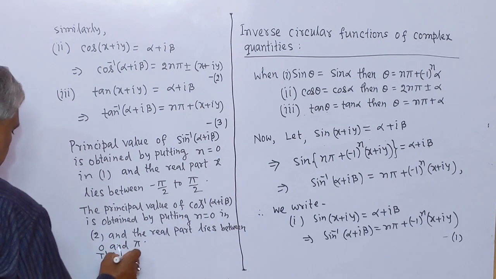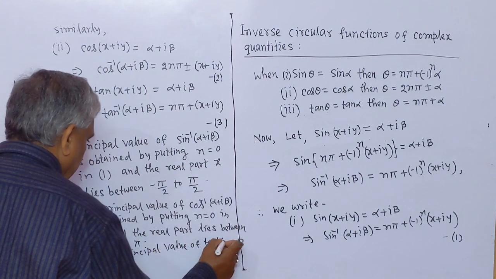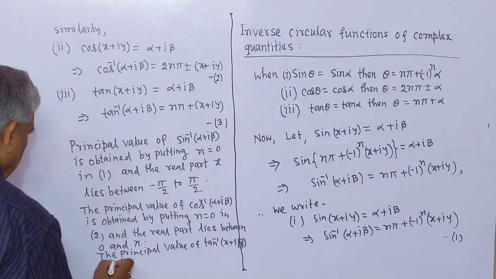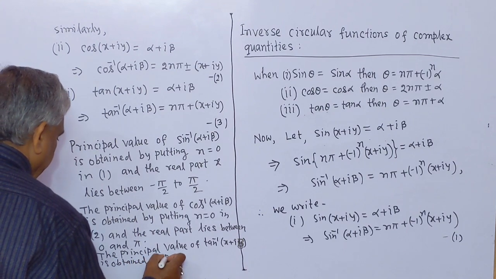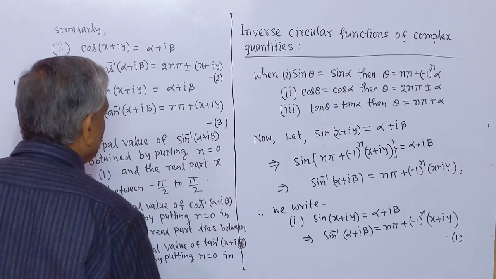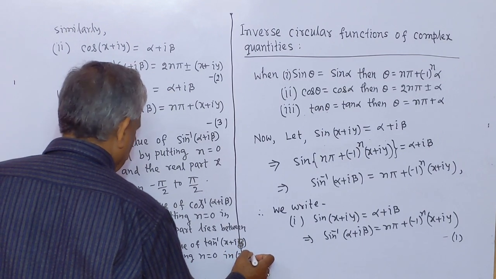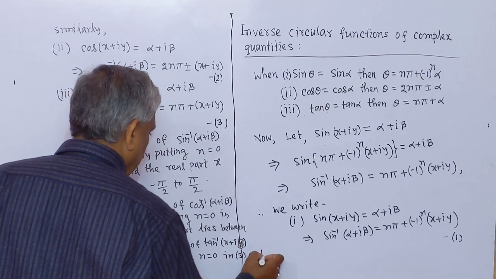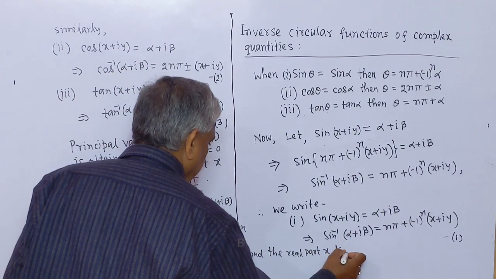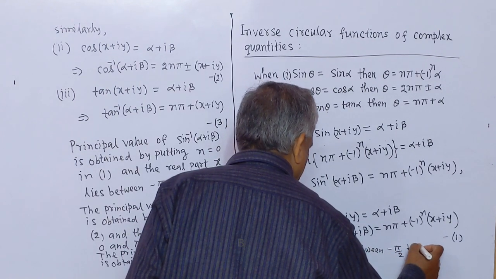The principal value of tan inverse of alpha plus i beta is obtained by putting n equal to 0 in number 3, and the real part x lies between minus pi by 2 and pi by 2.